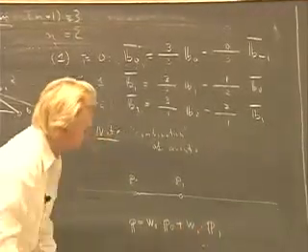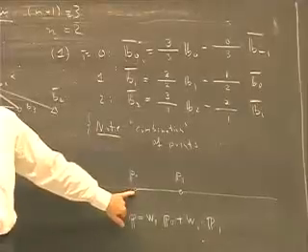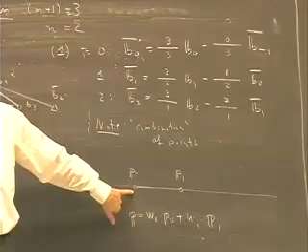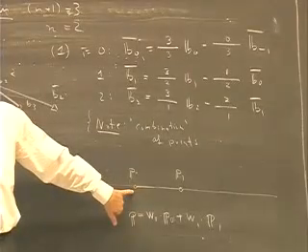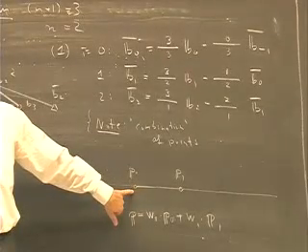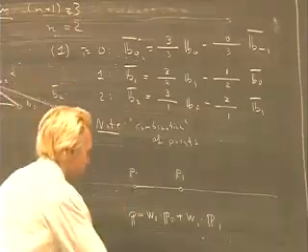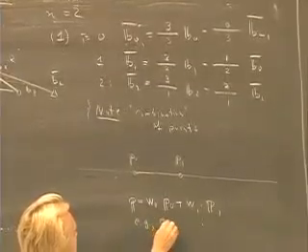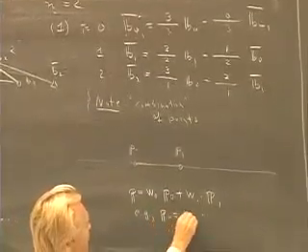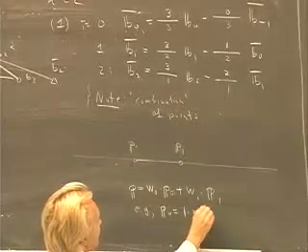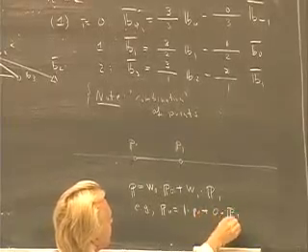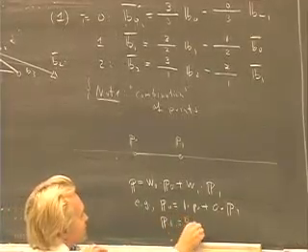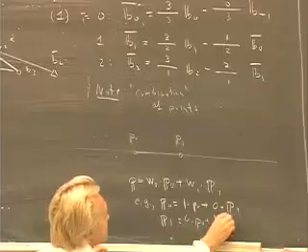Okay. So for example, this point P0 is how much times P0 plus how much times P1. P0 is 1 times P0 plus 0 times P1, right? Or you can say P1 is 0 times P0 plus 1 times P1.